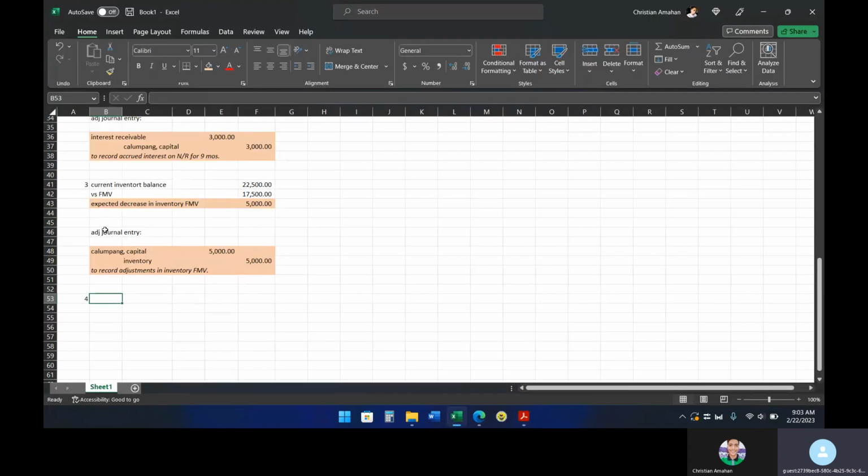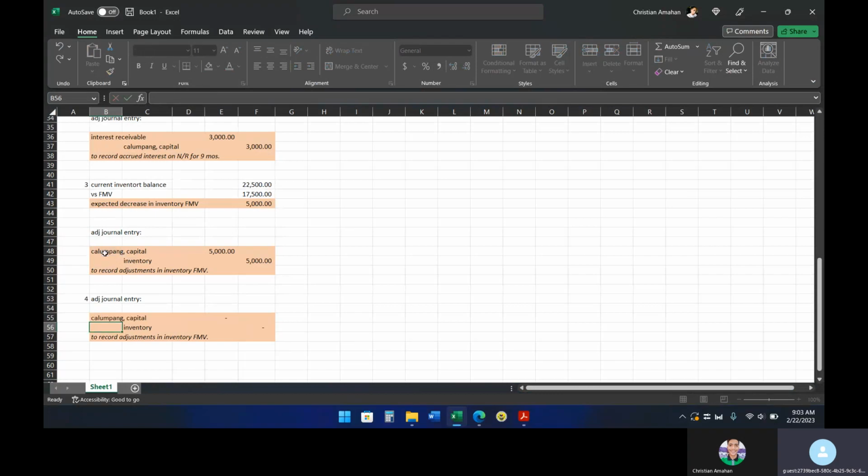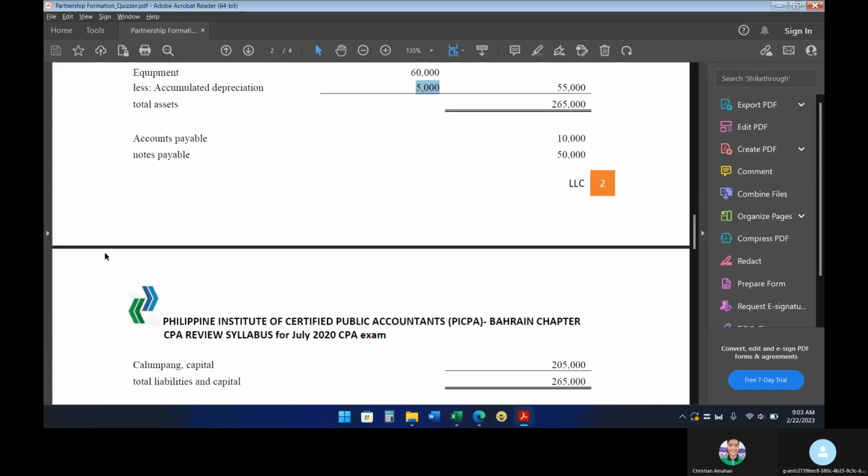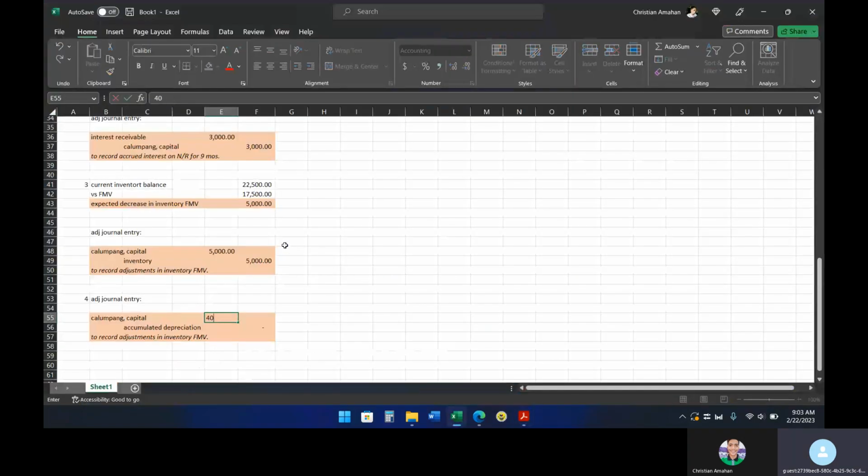Now, we go straight to the adjusting journal entry because we have no adjustments to compute. So our entry should be a debit to Kalumpang capital and of course credit to accumulated depreciation because we need to increase it. Amount is 4,000 pesos. To record adjustments in equipment fair market value.